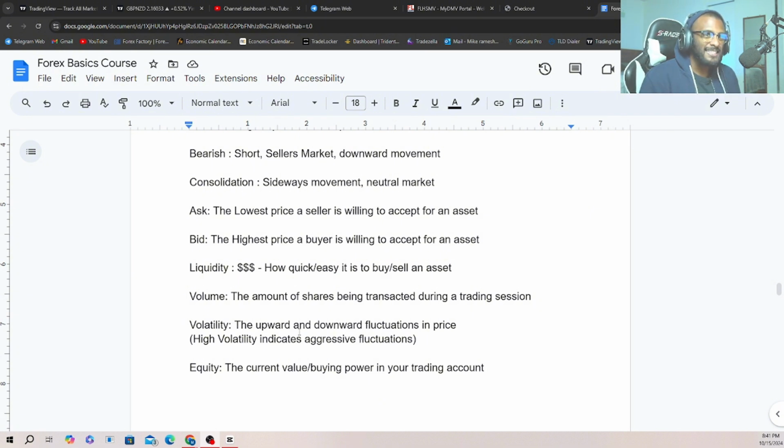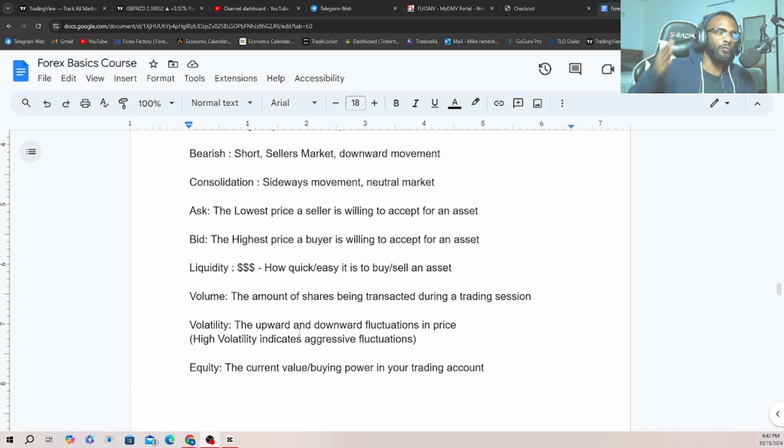And lastly, we're going to be going over equity. You've probably heard about equity if you ever watched Shark Tank or know anything about business. Equity is just the buying power in your trading account. It's the current value in your trading account. But something people should be aware of is that if you're floating in profits, your equity will be higher to represent the amount of unrealized gain.